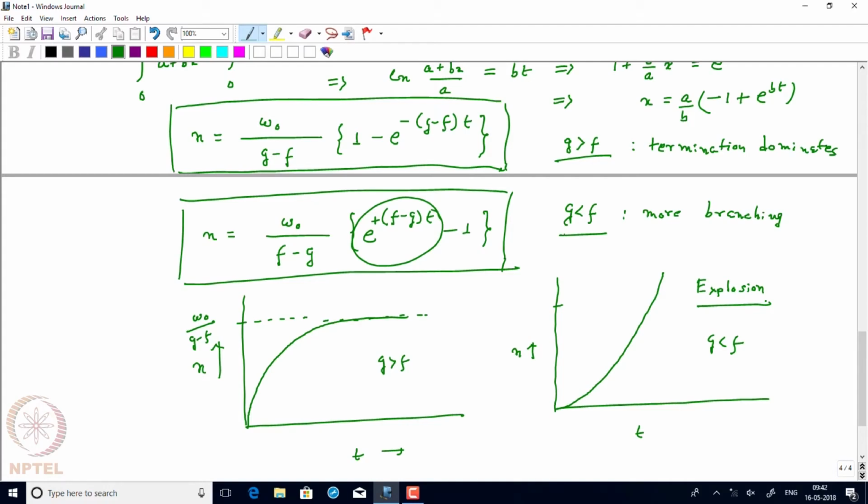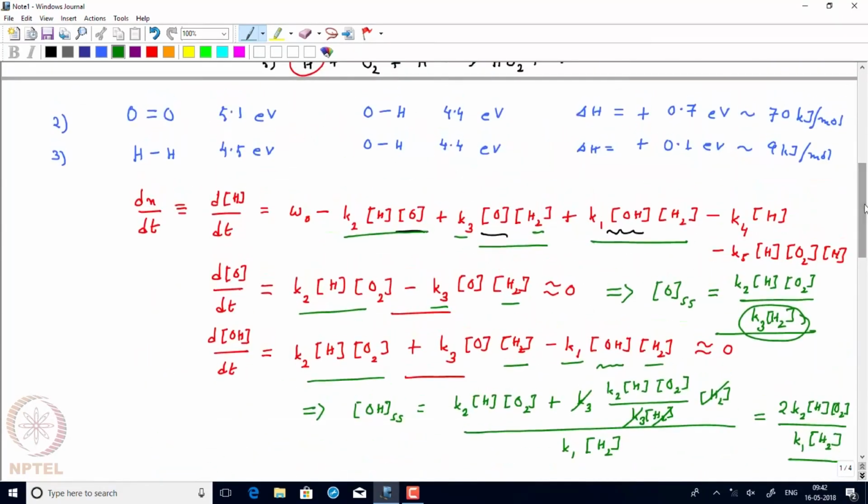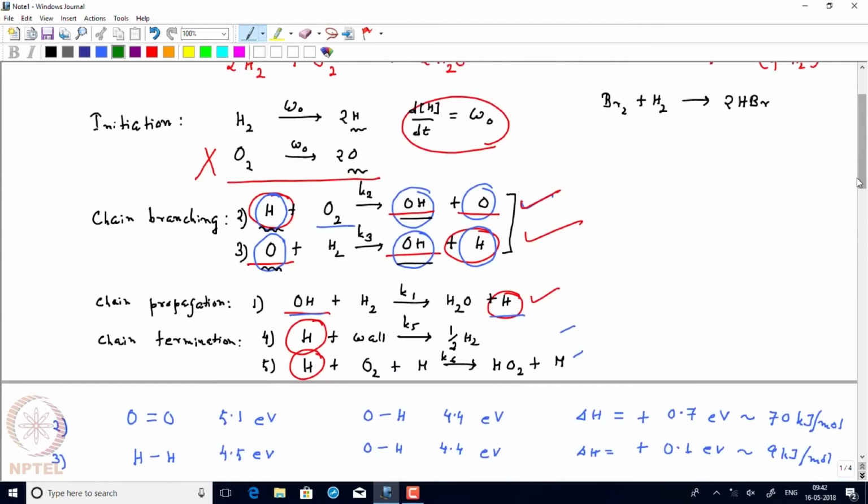Otherwise, if you can quench the reaction, in the sense that these radicals have a termination path, which is because of collision or because of abstraction of the hydrogen radical by the oxygen molecule, which is this reaction, this HO2 kind of species.